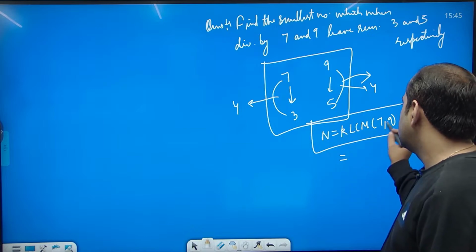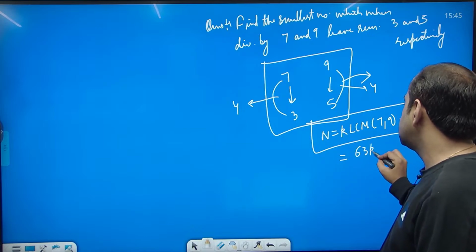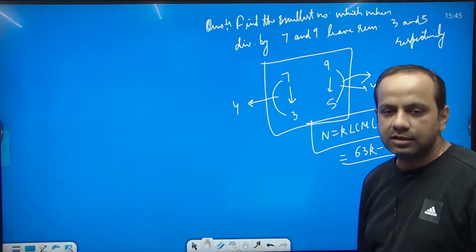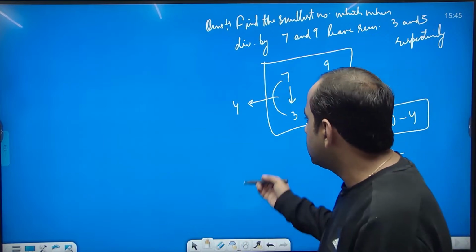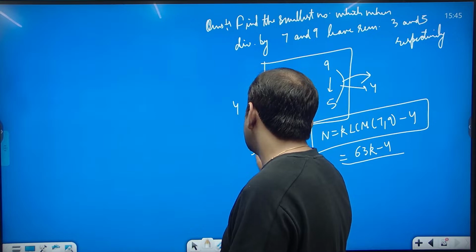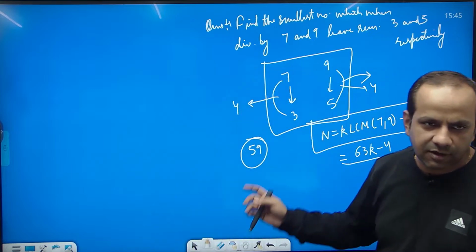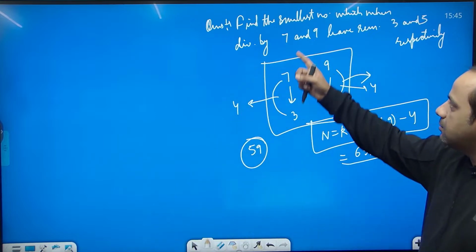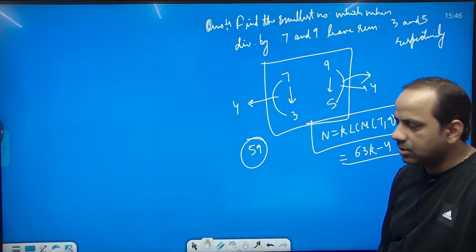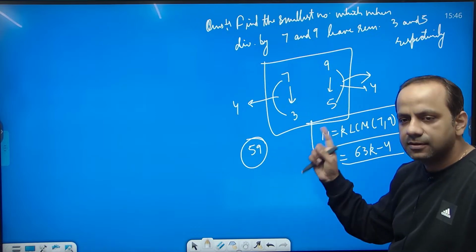That will be 63k minus 4. Okay, and if I put k is equal to 1, what will be your answer? 59. चेक करके देख लो क्या 59 कंडीशन सेटिस्फाई कर रहा है. If I divide 59 by 7, remainder is 3. If I divide 59 by 9, remainder is 5.